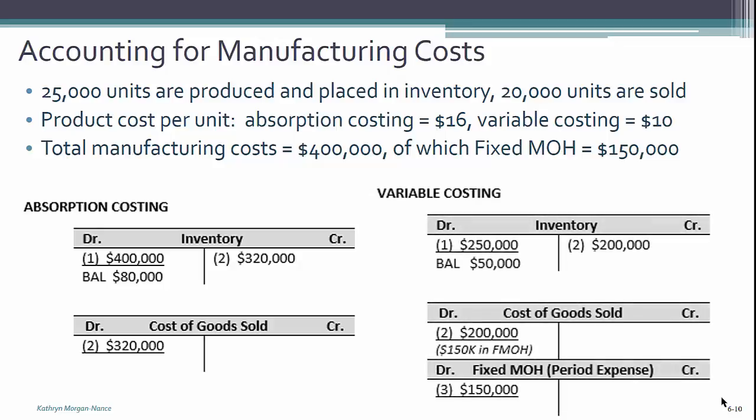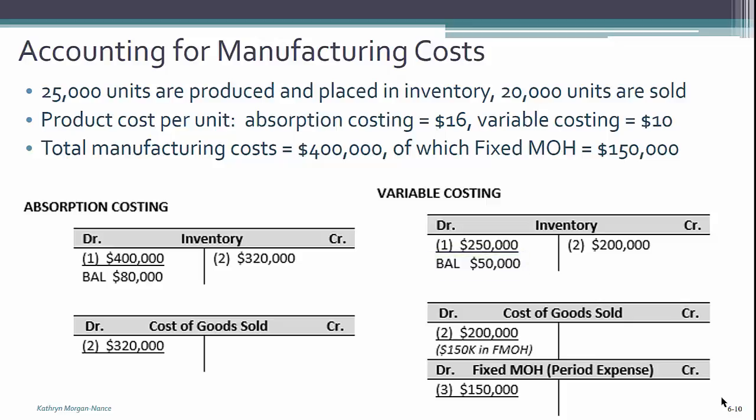Now, under variable costing, inventory of $250,000 is produced. That's at $10 a unit. $200,000 of inventory is sold and transferred into cost of goods sold. We debit cost of goods sold, credit inventory for 20,000 units times $10. The balance in ending inventory is $50,000, which is 5,000 units times $10.